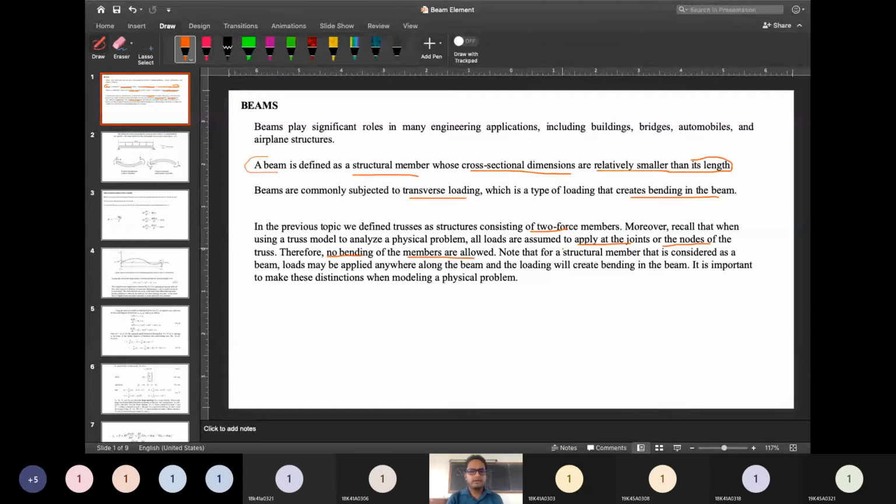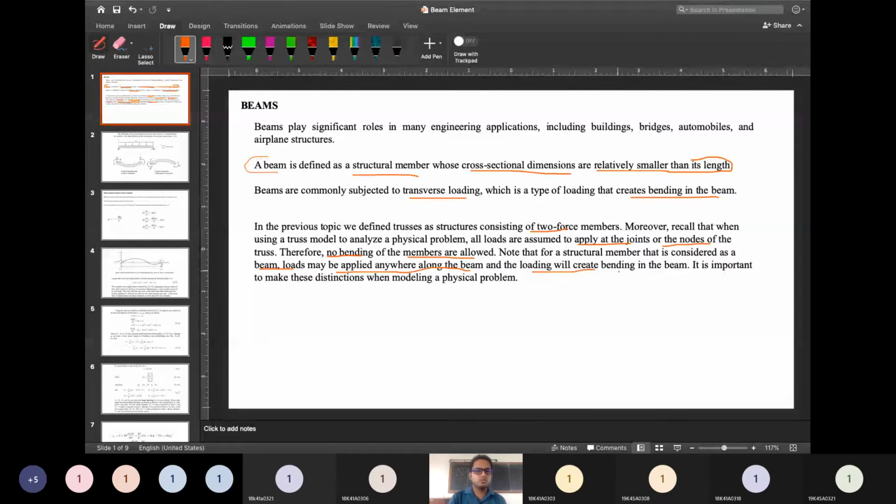Note that for a structural member that is considered a beam, loads can be applied anywhere along the beam length. You might have studied in your strength of materials uniformly distributed load and uniformly varying load. So loads can be applied anywhere along its length, and the loading will create bending in the beam.